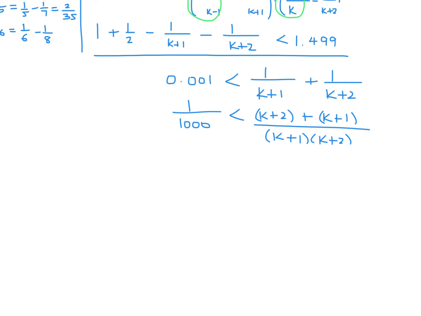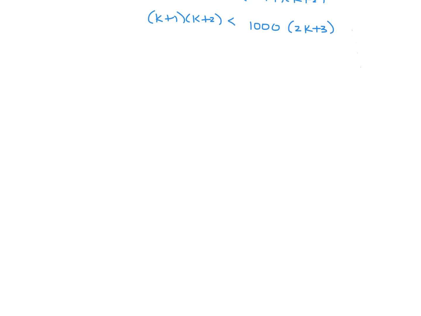And let's work with this now, cross multiply, so (k+1)(k+2) less than 1,000, and then that's going to be what, (2k+3). Yeah, it is going to be a quadratic because you have to expand this.